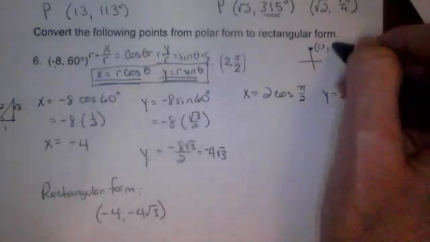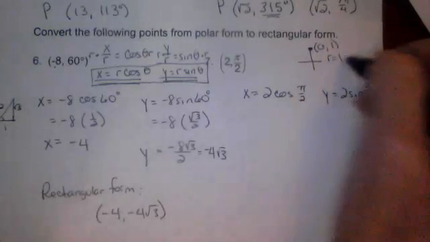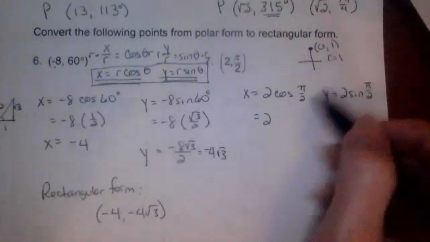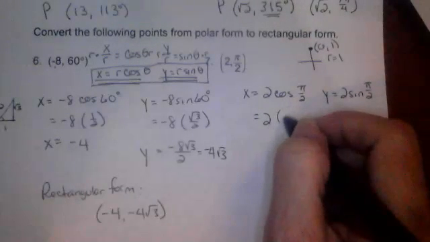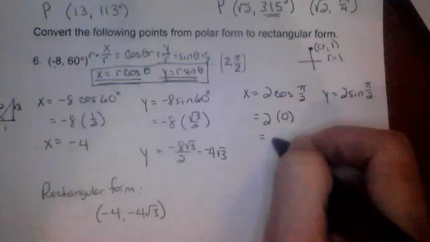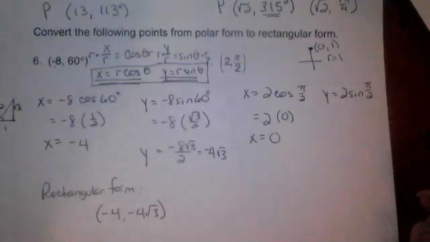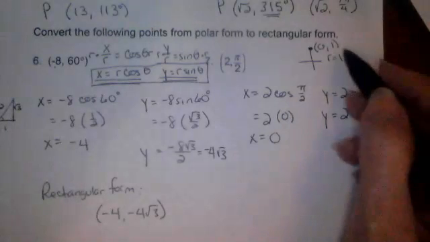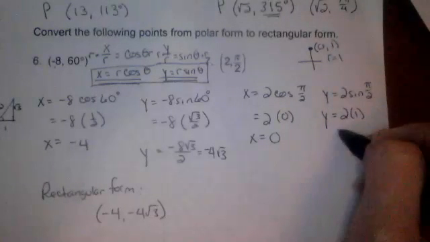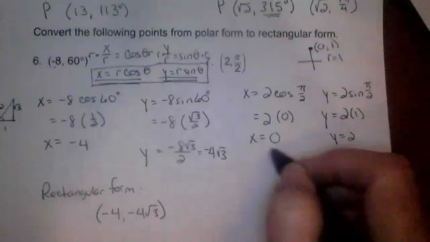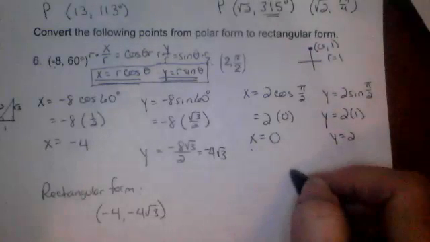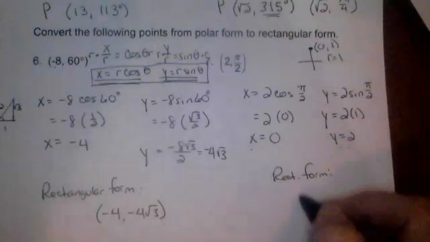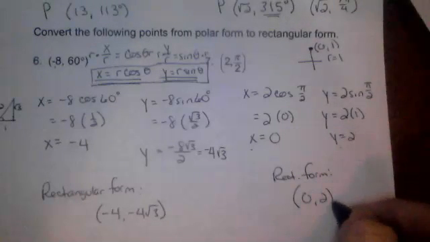So x is 0, y is 1, r is 1. So we have 2, and the cosine is x over r, so cosine of pi halves would be 0. So we just get 0, x is 0. For y, we have 2 sine of pi halves is 1 over 1, or 2 times 1, so y is 2. So I have x and y, so my rectangular form is going to be 0, 2.